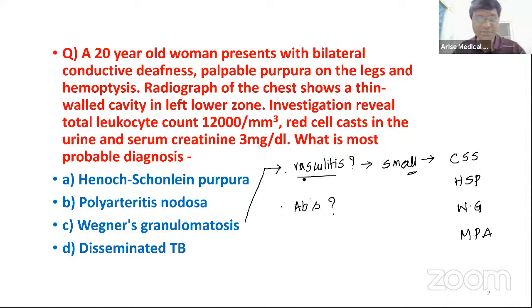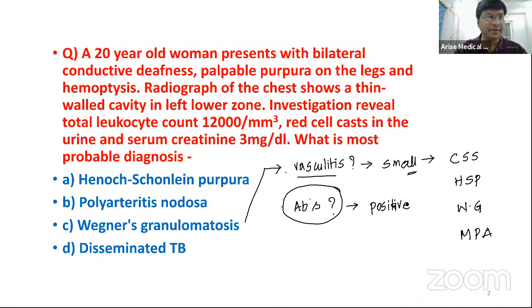Now, in case of Wegner's granulomatosis, please tell me what is the antibody that will be positive. Yes, please tell me what will be the antibody that will be positive in Wegner's granulomatosis. Any one of you?